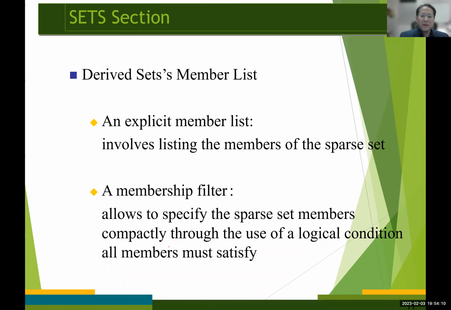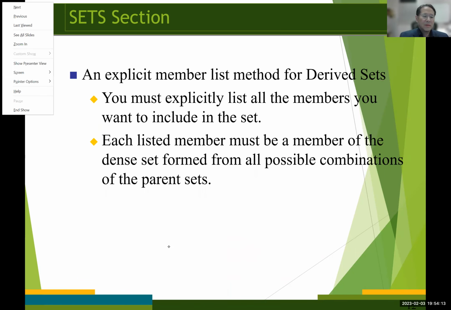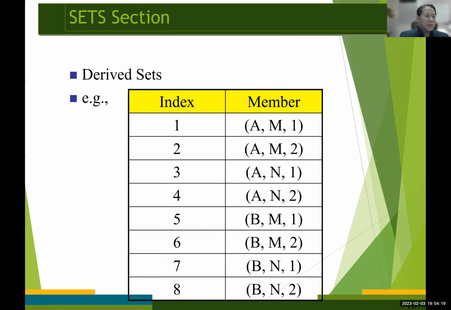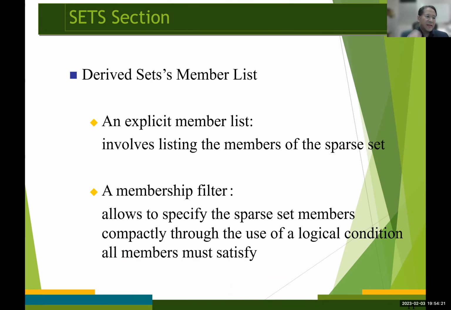Okay, so when a set includes a member list that limits it to being a subset of its dense form, we say the set is sparse. Okay? So the sparse set contains only a subset of the cross of the parent sets and may be defined by 2 different methods.